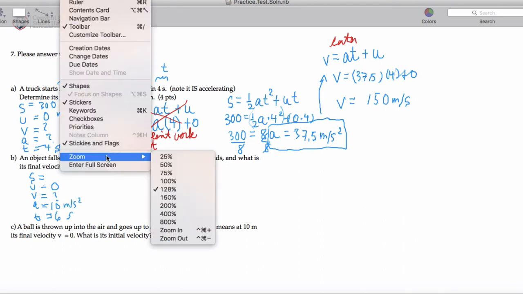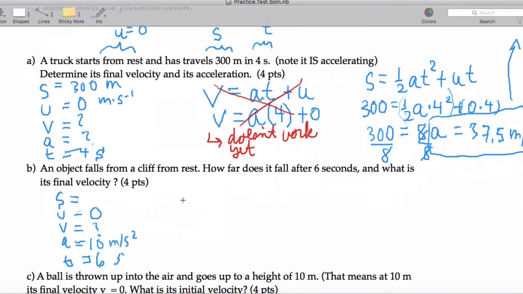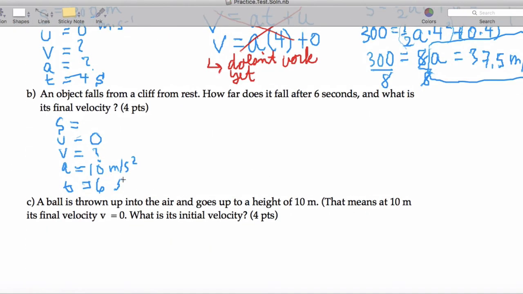I'm just going to blow this up a little bit so we can see a little bit better. There we go. Now, that's seconds. So how far does it fall after 6 seconds? Let's try s is 1/2 at squared plus ut. So that's s equals 1/2 times 10 for gravity times 6 squared plus 0 times 6.